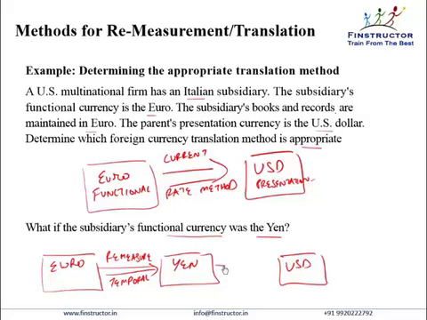And we would then need to translate into the presentation currency using the all current method. So euro is the local currency, yen is the functional currency, and USD is the presentation currency.